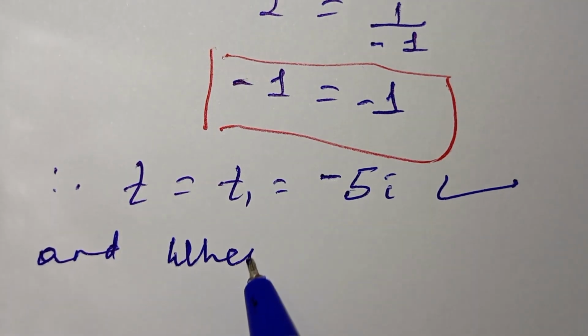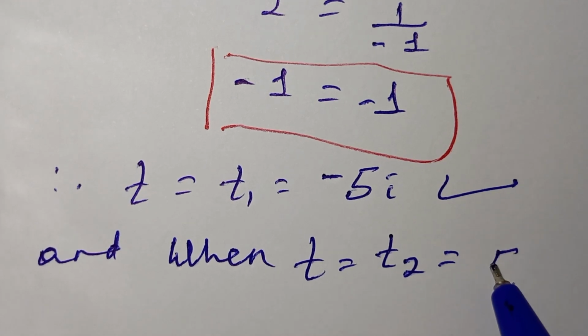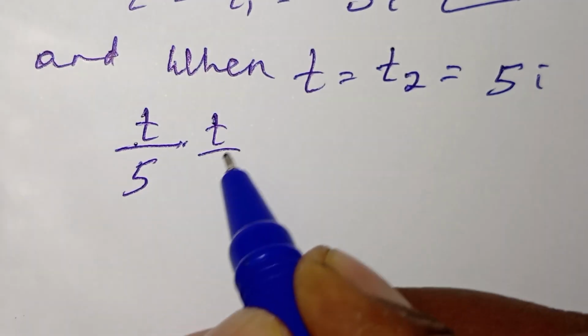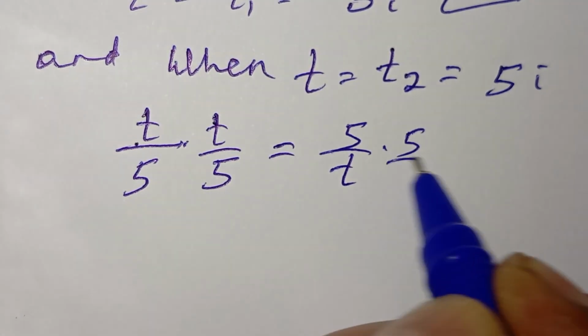And when t is equal to t2, which is 5i, t over 5 times t over 5 is equal to 5 over t times 5 over t.